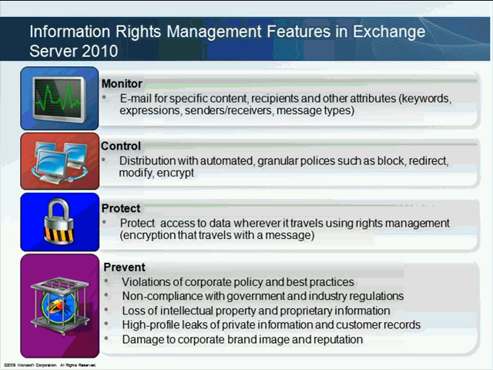So, the information rights management features in Exchange 2010, what we have in the box. First is monitor: email for specific content, recipients and other attributes, including keywords, expression, sender, receiver and message type, which can be monitored with the help of Exchange transport rules that we will see in the demos. Second is control: the distribution with automated granular policies such as block, redirect, modify or encrypt.